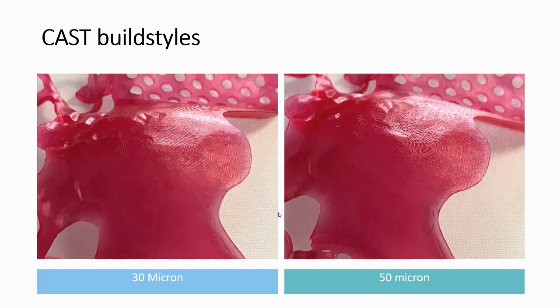So up close with this magnification, yes, you could see a little bit more layering, or a little bit bigger layers. But in the final result, or just your naked eye on the part itself, it really is no different. There's really no difference in part quality, fit, or detail. So with that time improvement in the build time, I would say this is really amazing. So I'm going to give the screen back to you, Adrienne.